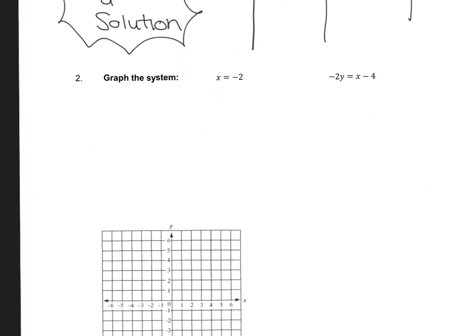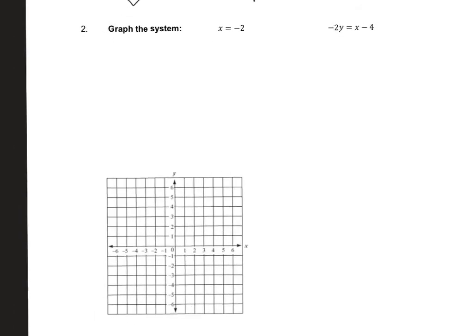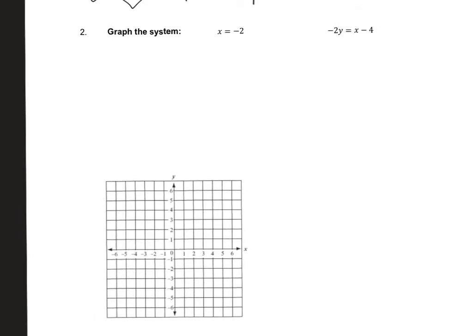All right, so if we look at number 2 down here at the bottom, we're graphing the system. So graphing the system just means we have to get both of those equations onto our coordinate plane. So if we look at this first equation, this is actually one of our special cases. And with our special cases, we have 2 questions, if you remember. The questions that we need to ask ourselves is what axis does it go through?